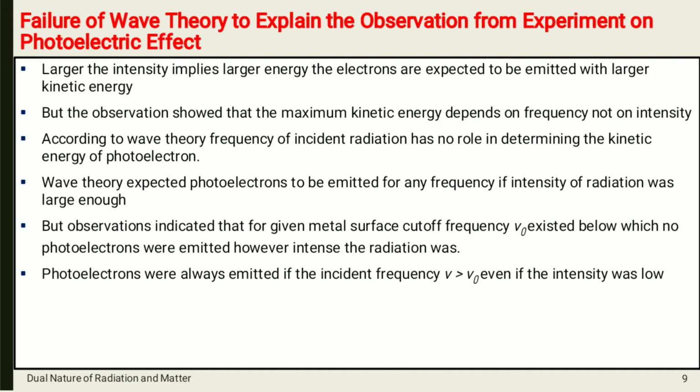Even if intensity is more, if frequency is less than nu0, there will not be any emission. Photoelectrons were always emitted if the incident frequency nu is greater than nu0, even if the intensity was low.